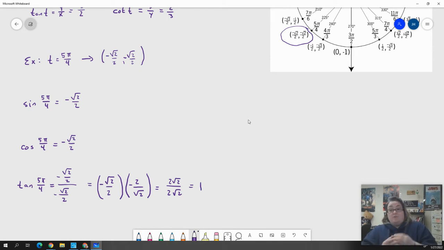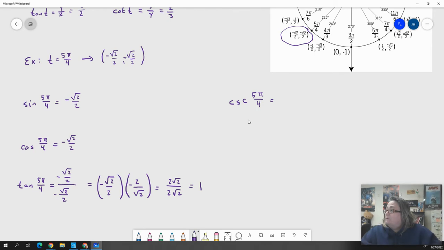So that takes care of our three major ones. Now we have to do all their inverses. The inverse of sine is cosecant, and cosecant of 5 pi over 4 equals 1 over sine, or 1 over y.